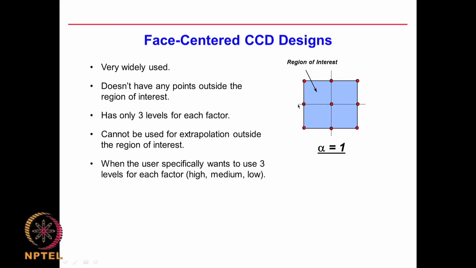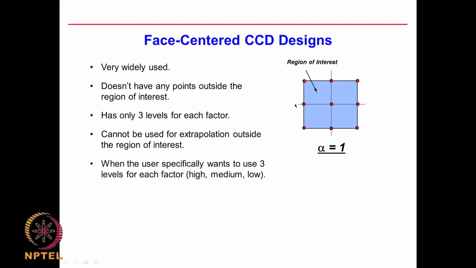But if you can extend this a little bit, if the region of interest is more, then you end up doing 5 level type of experiments, whereas if you are keeping your star points right on the edges, you are doing only 3 level experiments for each of these parameters or variables or factors, it will be high, medium, low only.